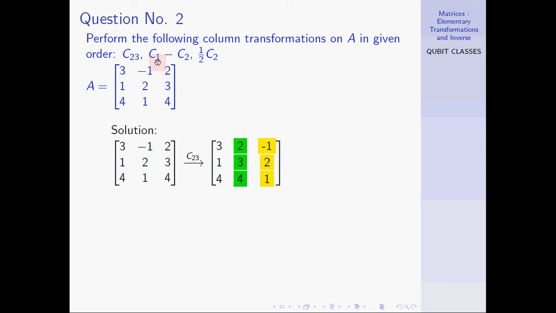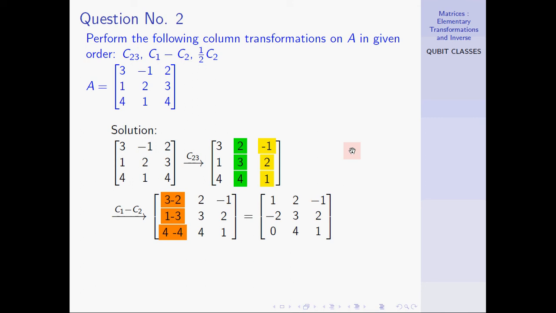Now we will perform this second operation on this new matrix, which is C1 minus C2. C1 minus C2 means we will take an element in the first column and subtract the corresponding element in the second column from the first element.